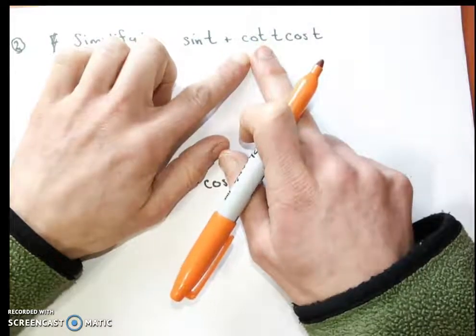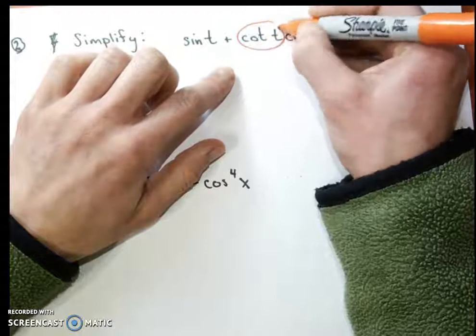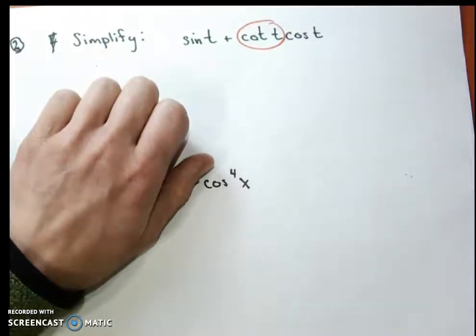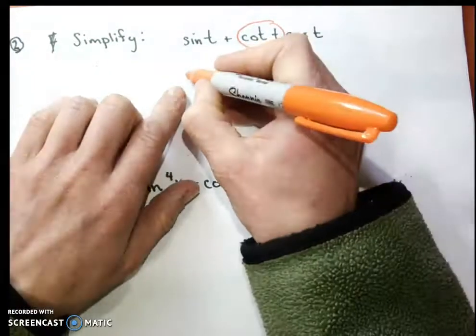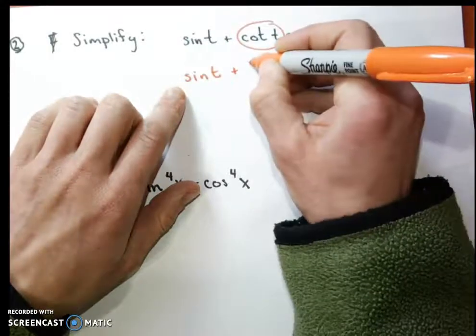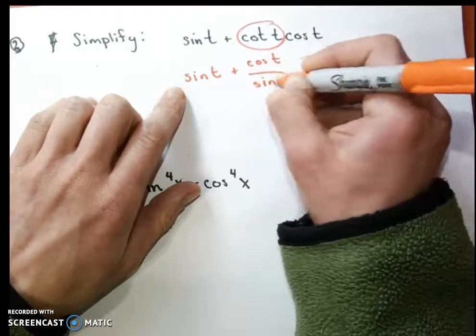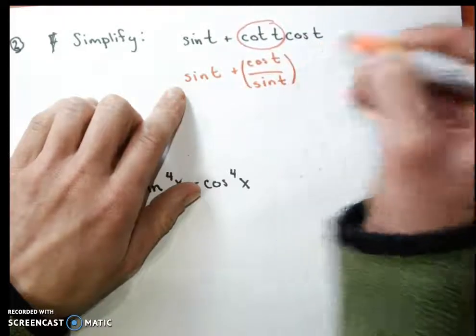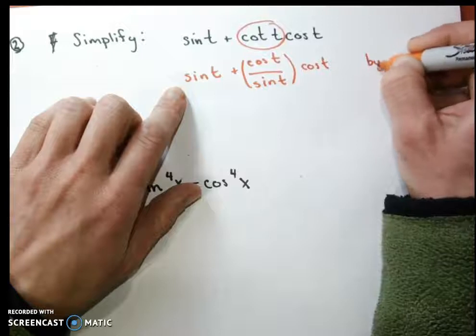Cotan is a little bit confusing, so maybe I want to convert the cotan of t to sines and cosines. And I can do that by using the quotient identity. So we have sine of t plus cosine of t over sine of t. That's replacing the cotan times cosine of t. And this is by the quotient identity.